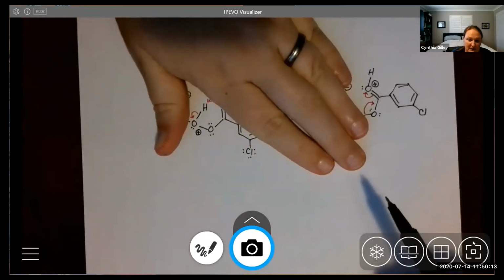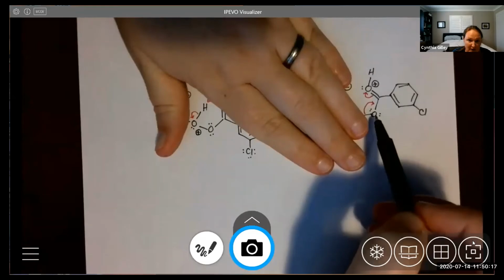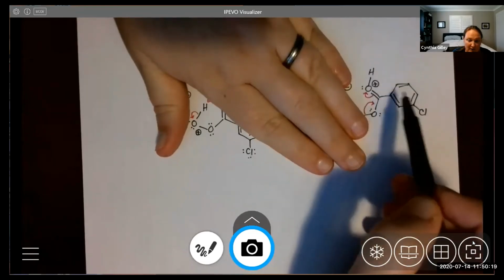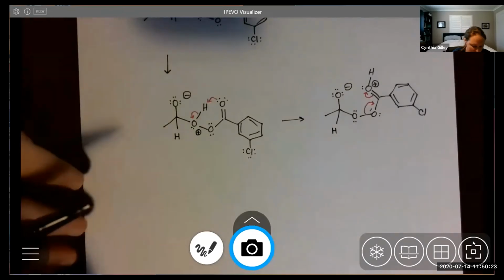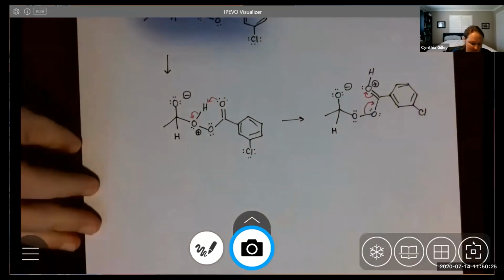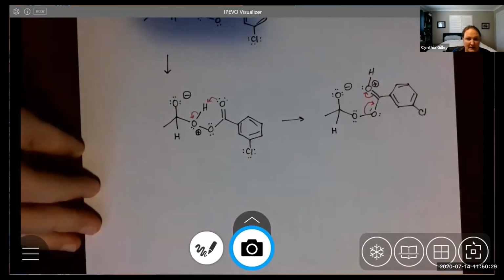Once that leaves, we've essentially generated the carbonyl and the OH, a carboxylic acid. This is a great leaving group, right? But if we just make that leave, that would leave this oxygen with only 6 electrons around it, so it would be pretty electron deficient.